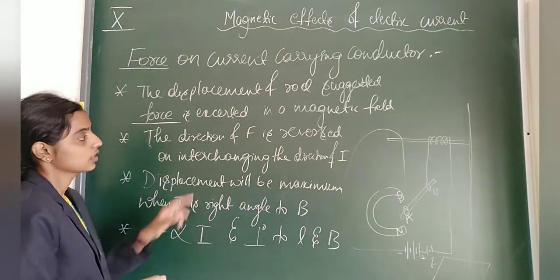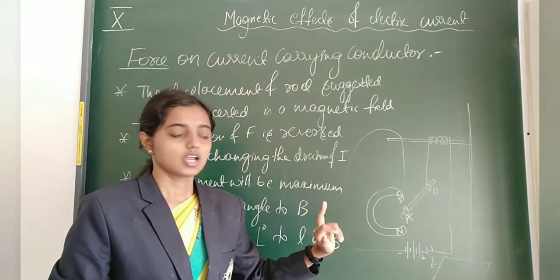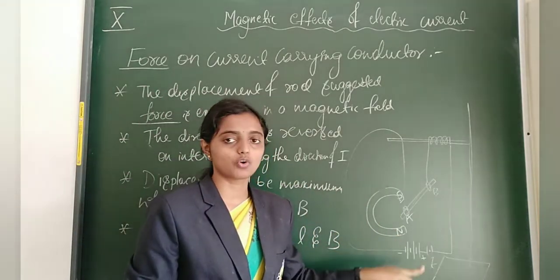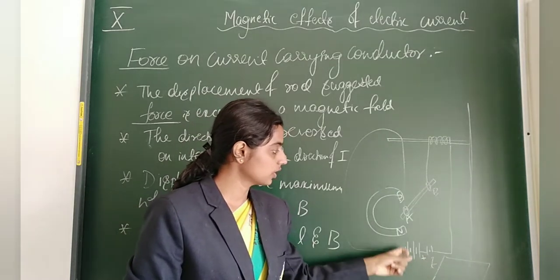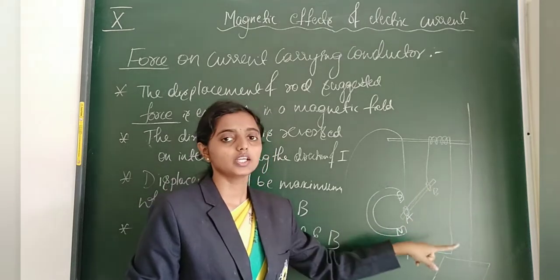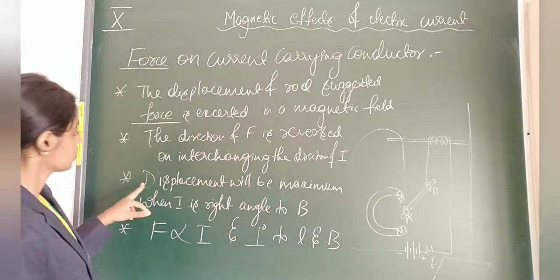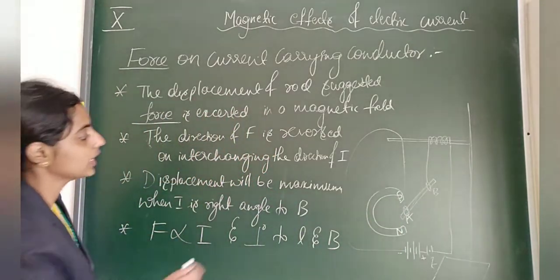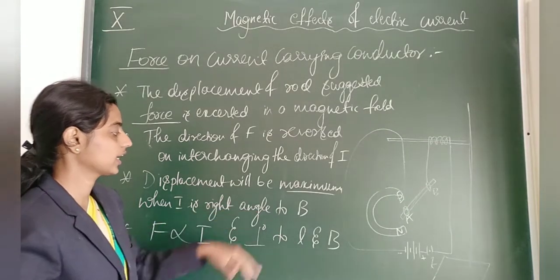The next one is, we know that the direction of force is reversed when we interchange the flow of current. So if we reverse the battery, the displacement will be reversed compared to the earlier one.